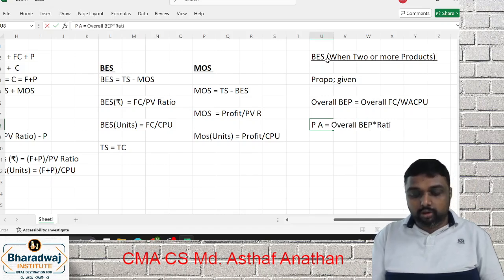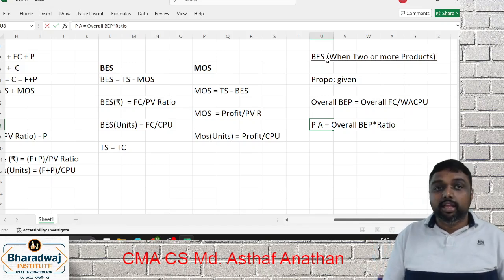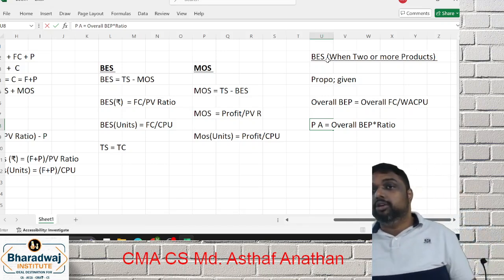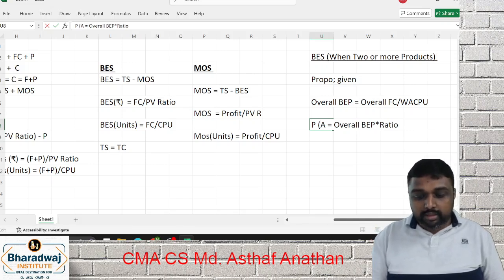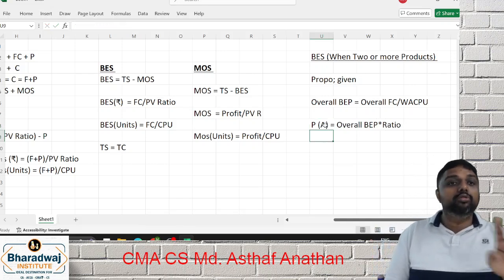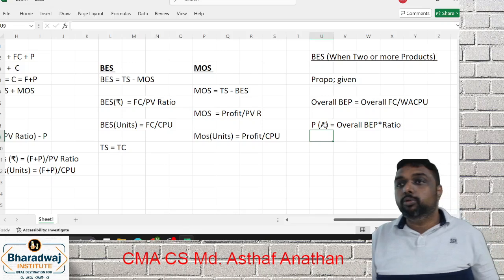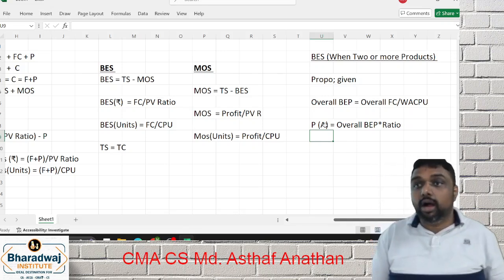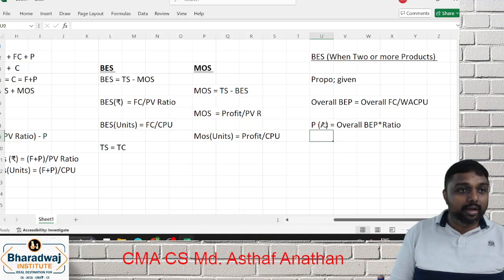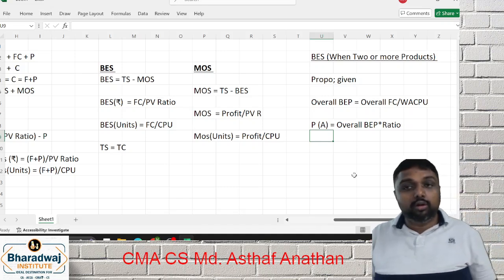Into that you apply the ratio. If you want to convert into rupees, you multiply by the selling price. For product A, if the ratio is 2:3, you have to put it as 2 by 5. Are you clear, my dear friends? This is how you have to go for the point.